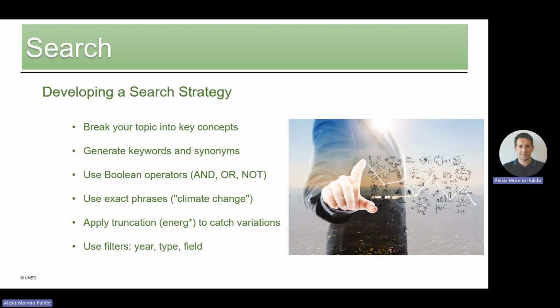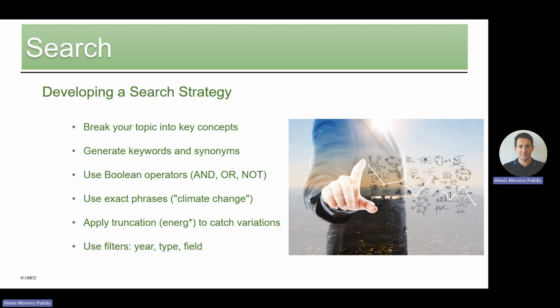Identify keywords and phrases. Break down your research question into major concepts. For each concept, list possible keywords including synonyms, variants, spellings, or related terms. For example, if one concept is energy, related terms might include sustainable energy, solar power, wind farms, etc.